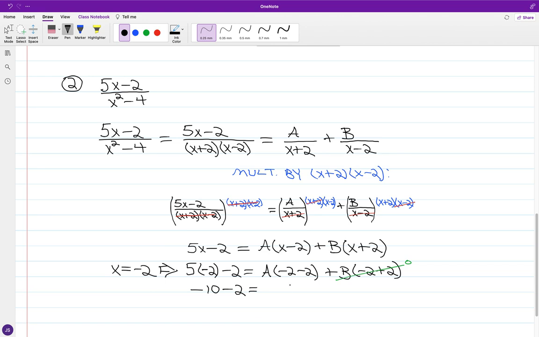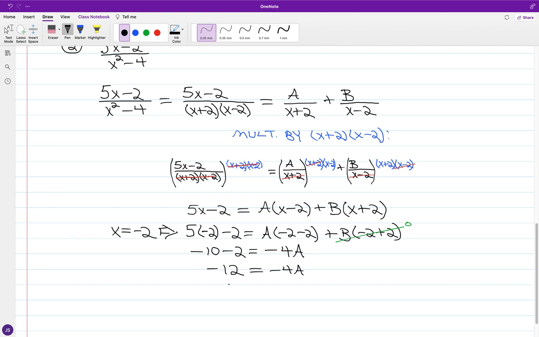Take away 2, and for a, we have negative 2 minus 2, which is negative 4. Now we have negative 10 minus 2, which is negative 12. And we have that negative 12 is equal to negative 4a. With division by negative 4, negative 12 over negative 4 is going to be 3. So we got 3 is equal to a.